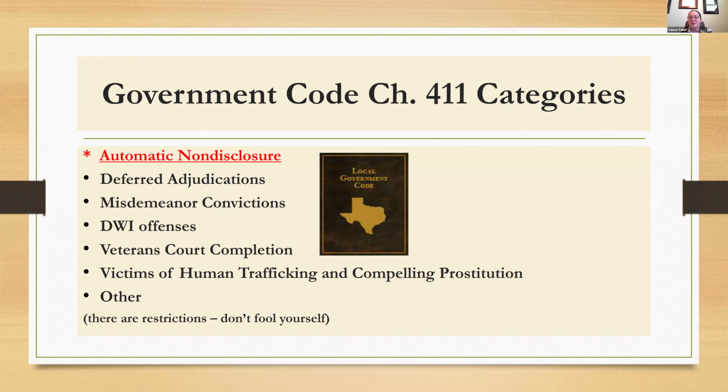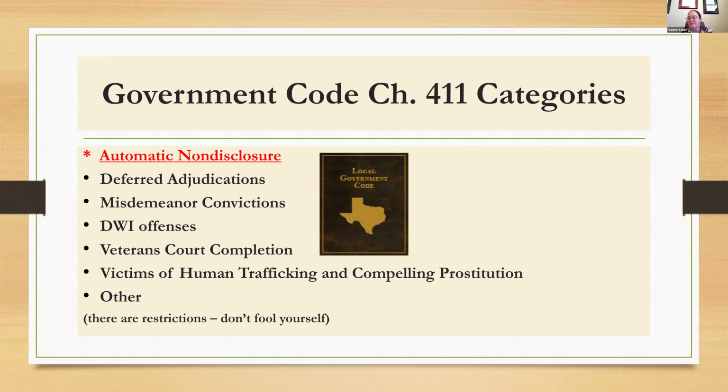Deferred adjudications generally across the board, with some of the exceptions like we talked about before, sexual assault, things like that. Misdemeanor convictions on deferred probation are generally eligible. DWI offenses, if you get deferred and the case is not a 0.15 or involving an accident, you could be eligible.